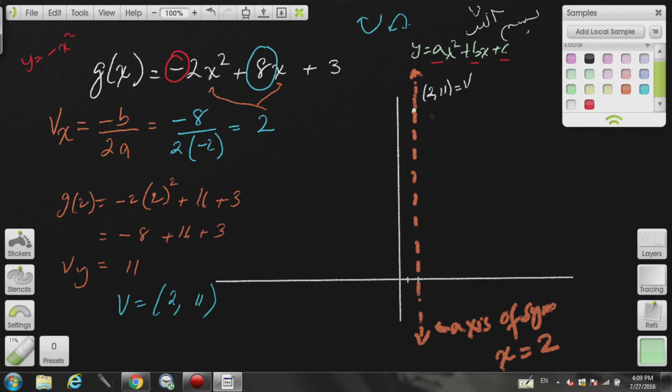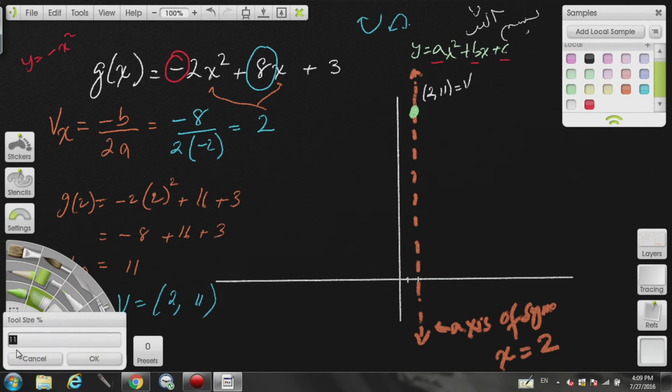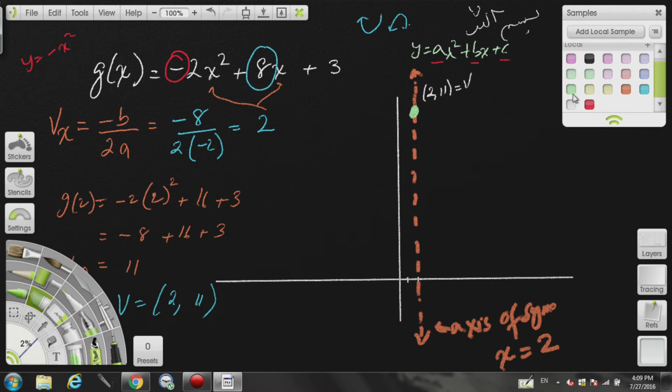So this is going to be an N. So we need another point, right? We need 2 more points. One on this side, one on this side. Well, if I plug in 0 for x, it's a good one to do, right? When I plug in 0 for x over here, this cancels out, you get 3.